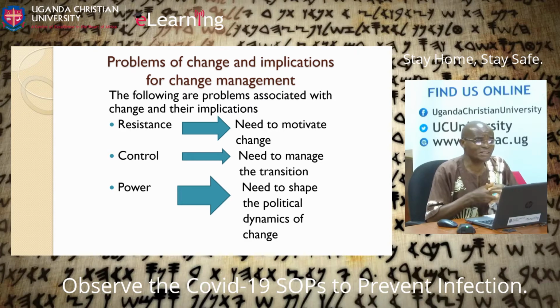So there is the need to control the process. So you need to manage the transition. If you are moving from A to C, and you are going through B, how do you manage the transition? You really need to manage well the transition. Otherwise, control can be a real problem in the change process.